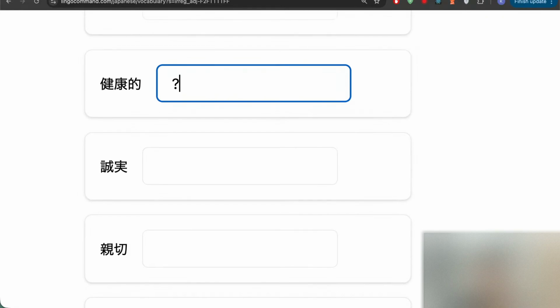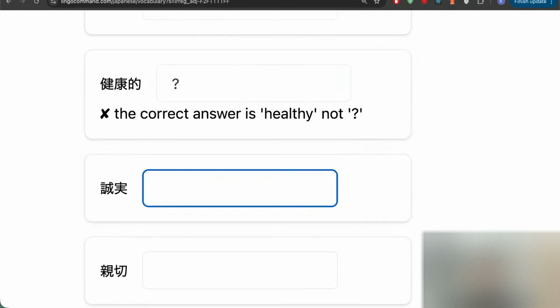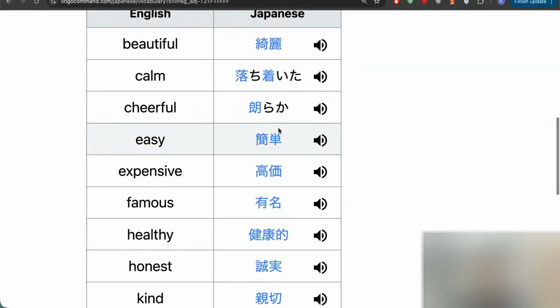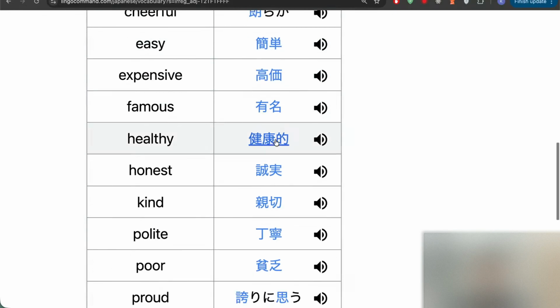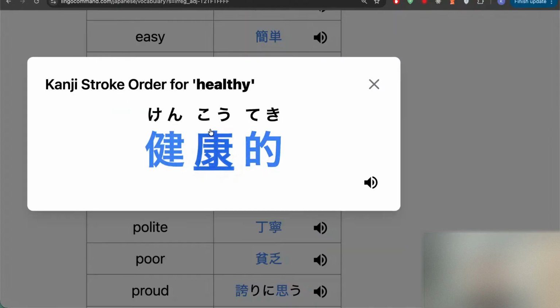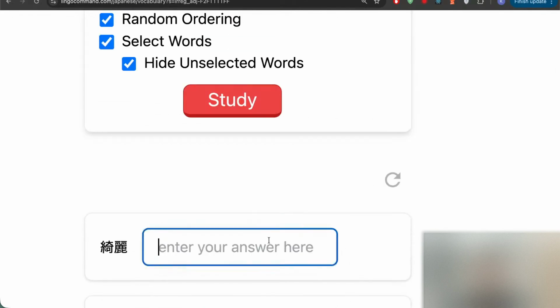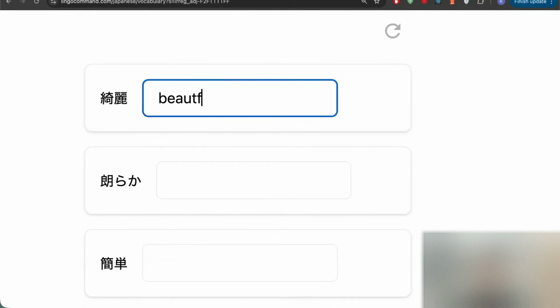Now there's a lot of kanji here. Kenkou teki. Okay, and healthy. Let's look at the breakdown here. So it's kenkou teki. Fair enough. So we'll go from the top again. So beautiful, just kirei.